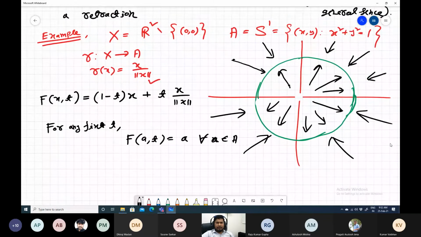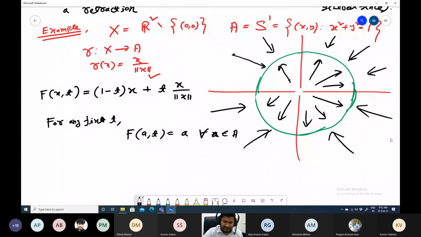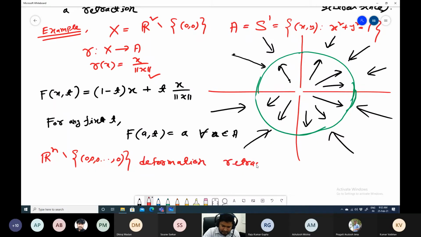Okay. Now similarly, you can check that if you take R n minus the center, it deformation retracts to S n minus 1.